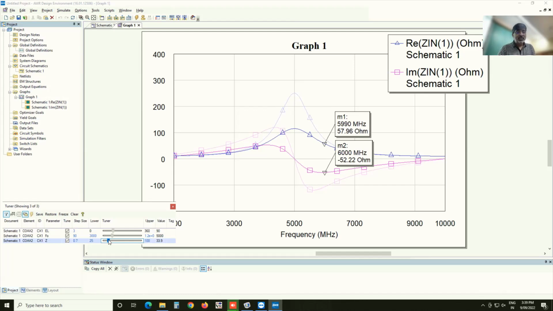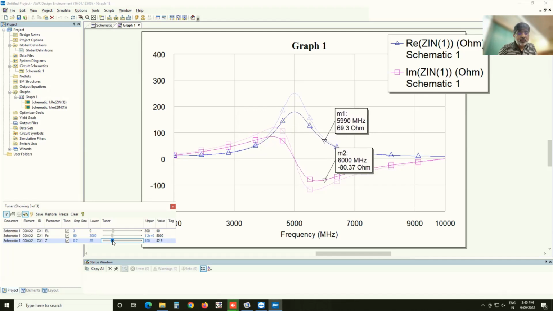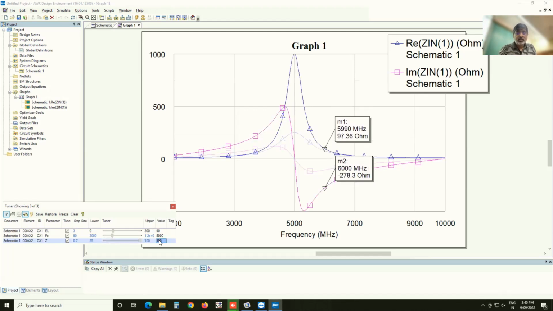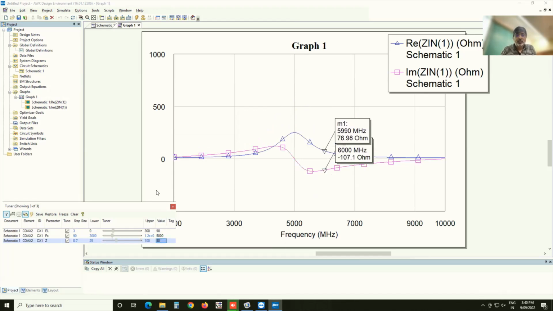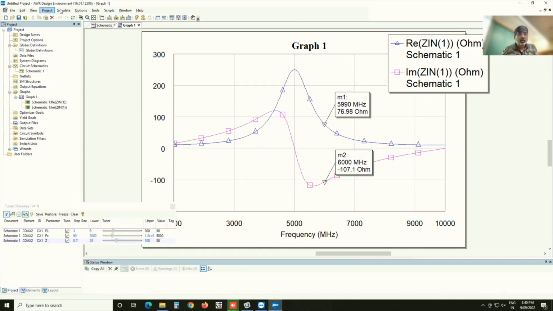So let's look at this in another way. We will go back to the 50 ohm transmission line and freeze it.